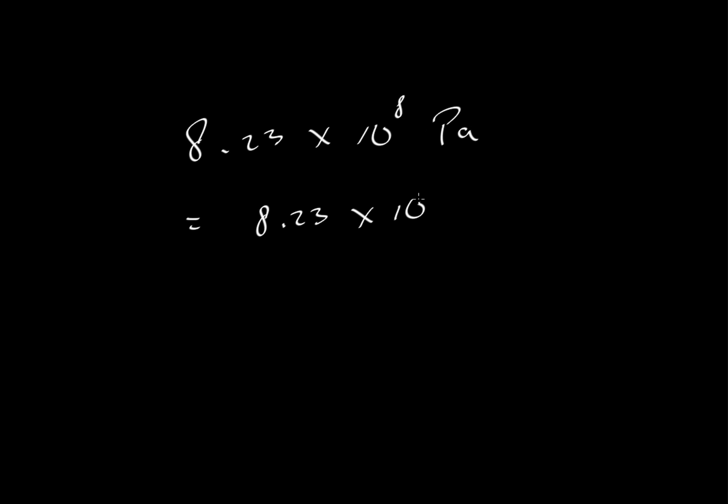If we have 8.23 times 10 to the 8 pascals, this would be equal to 8.23 times 10 to the 0, well, we don't really need that, that's just 1. This would be 8.23 kilobars, or 0.823 gigapascals, right? We get gigapascals by taking these in billions at a time, so we divide by 10 to the 9th.